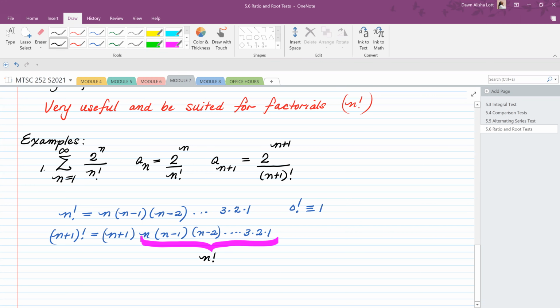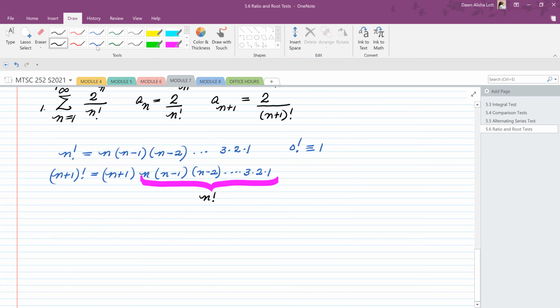So it is necessarily true that n plus 1 factorial just takes n plus 1 and multiplies by n factorial, because I'm just adding one more term. This is useful in trying to determine whether this series converges or diverges.